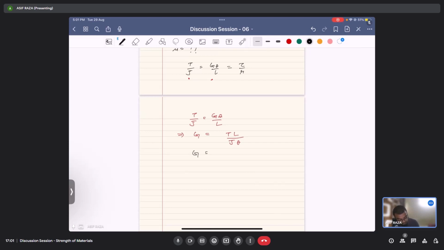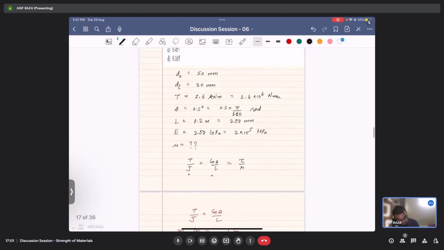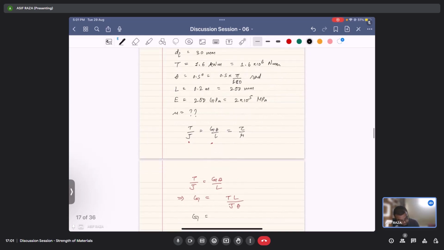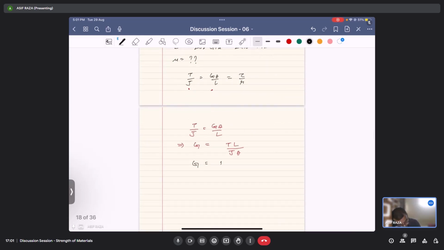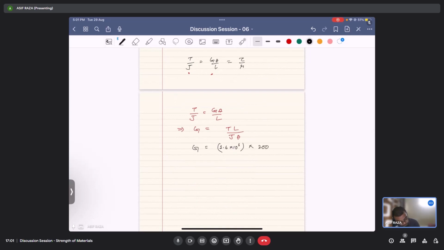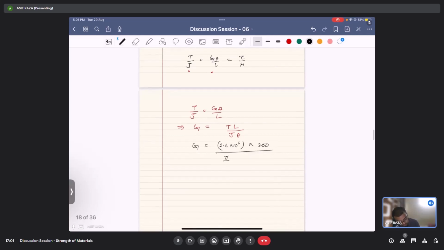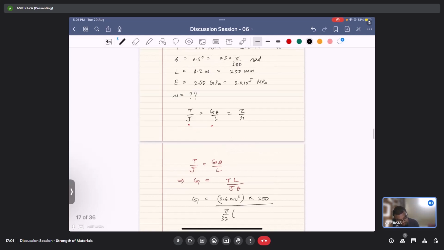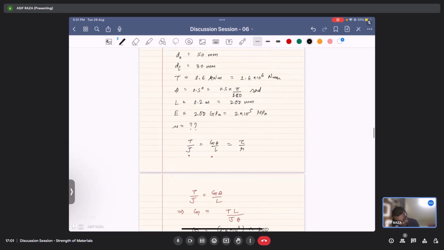That is G is equal to T, which is 1.6 into 10 power 6, L is 200, J is pi by 32. Okay, let me write it.